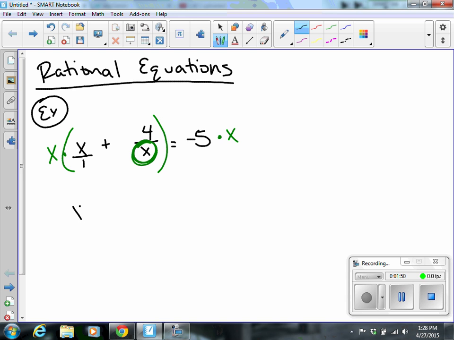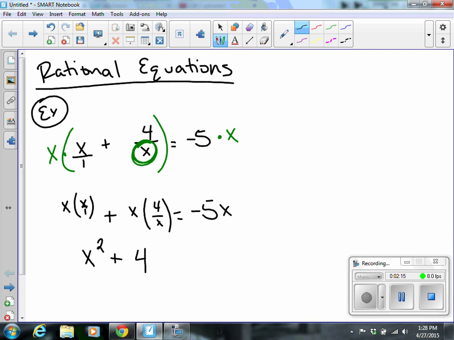I'm going to break this down a little bit, sorry. I have x times x over 1 plus x times 4 over x equals -5x. So looking at this, I'm now going to go ahead and distribute. So I have x squared plus 4, because these x's cancel out.